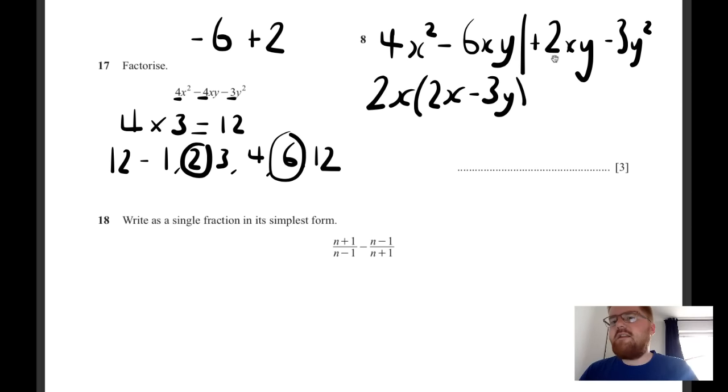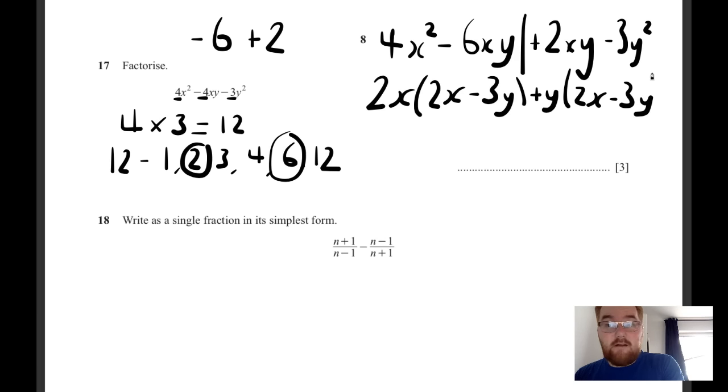This one, well, the only thing they have in common is a plus y. So we'll put that outside, and we do the same procedure. So we then factorize into a single bracket. And you're probably noticing now the brackets are actually the same, which is very, very helpful. Okay, so now we're going to take this common factor, the thing in the bracket, that's going to make up our first bracket, 2x minus 3y.